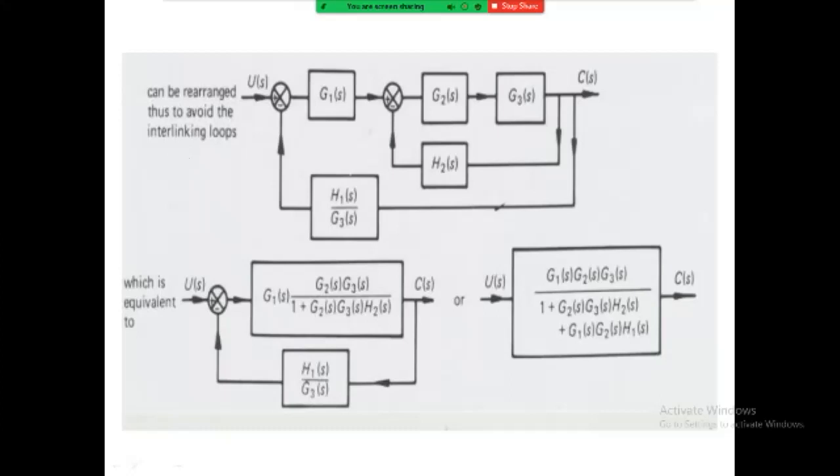So we have to apply this formula, G of S upon 1 plus G of S into H of S. So simply we get U of S in this gain block, G1 of S, G2 of S, G3 of S in the numerator upon 1 plus G1 of S, G2 of S, G3 of S into G1 of S, G2 of S and H1 of S.